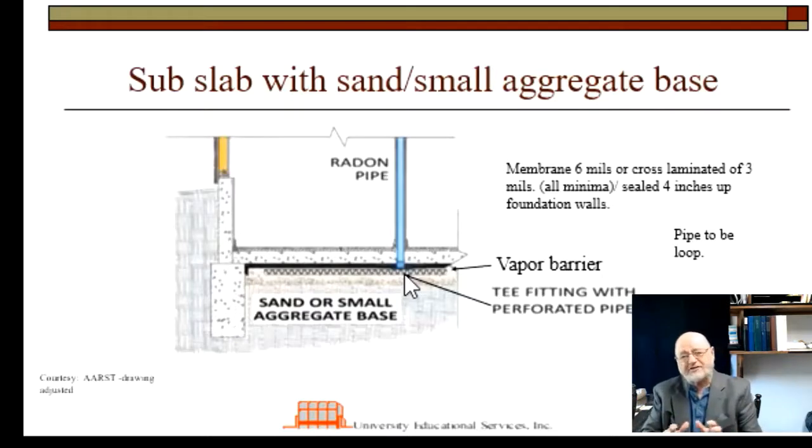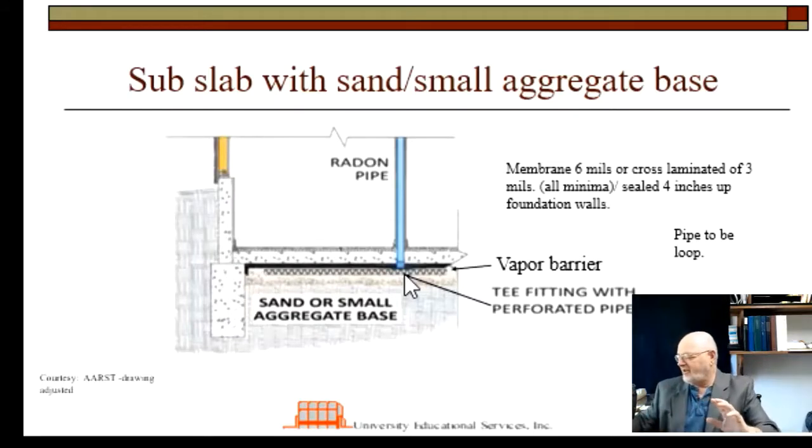The reason we use a lot more pipe in this case, where there's, let's say, sand or dirt under the slab, immediately under the slab, is that the radon doesn't communicate well through the dirt, at least not as well as it does through the gravel, as you'd expect. That is, it doesn't travel as well.